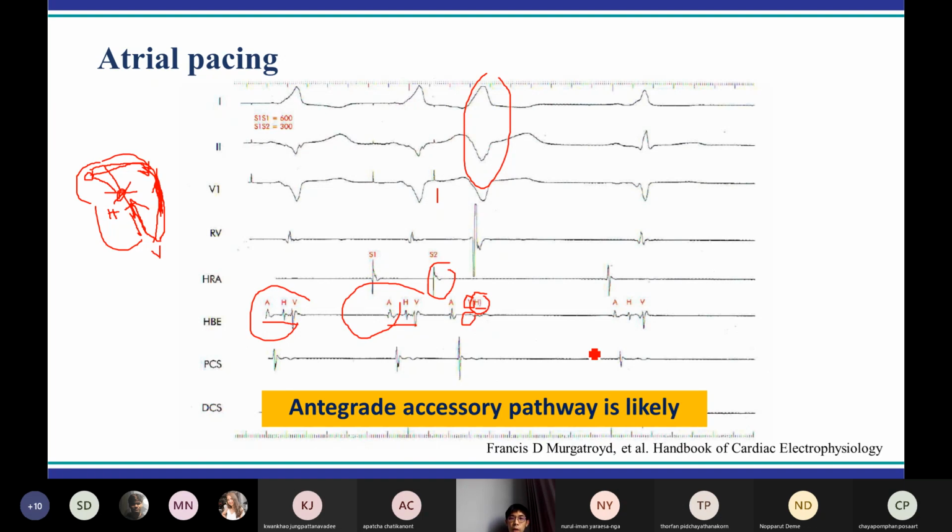This is called a negative HV interval, because usually the H has to come before V, but in a fully pre-excited beat, the His comes after V. We call it a negative HV. You clear about this, right? Okay, if there's no question, go on.